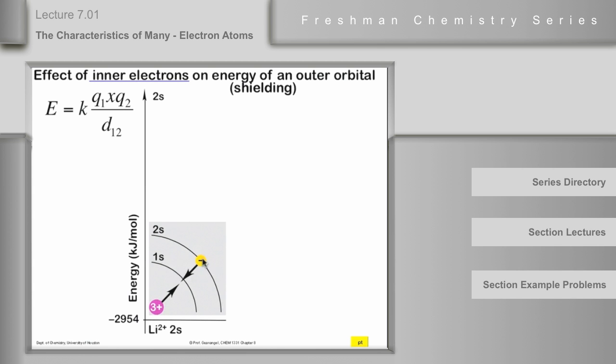Let's just assume that electron is in the 2s, even though that's not the ground state. Quantum mechanics will let us calculate the energy of that system, and it's close to 3,000 kilojoules per mole.